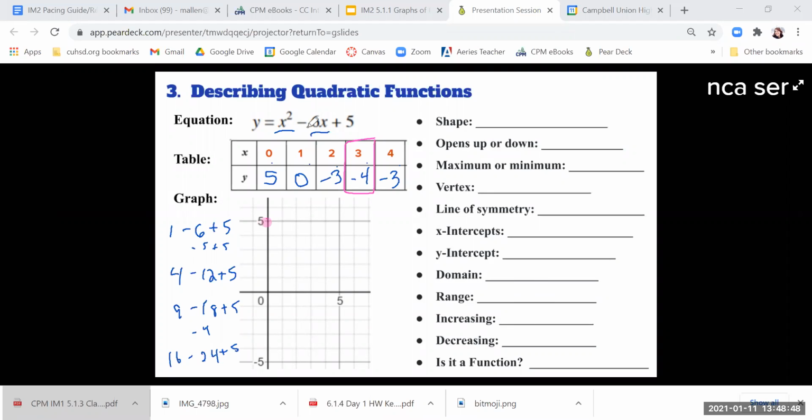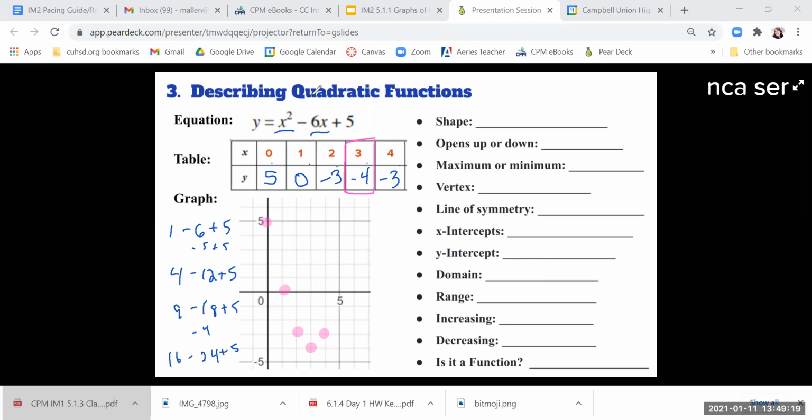Okay, 0, 5, 1, 0. 2, -3. 3, -4. 4, -3. Okay.